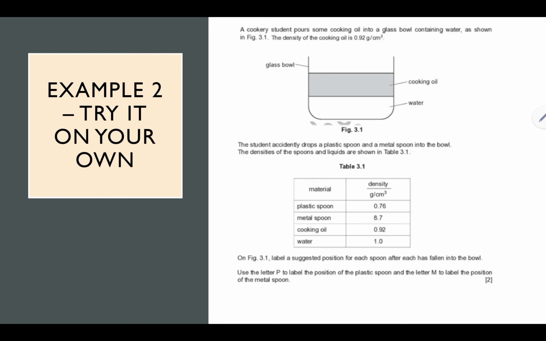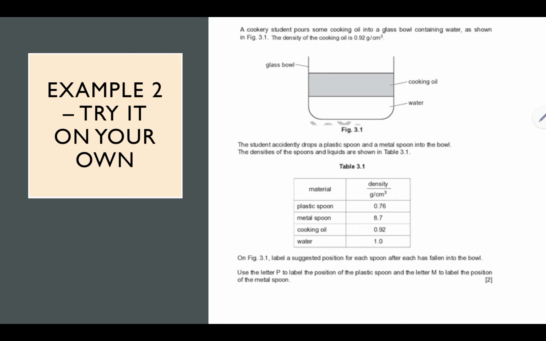Now, we can see that the water is at a density of 1.0 and the cooking oil right above it is at a density of 0.92. Let's compare where the two spoons will be allocated compared to the cooking oil and the water. The metal spoon has a density of 8.7, which is heavier than both oil and water.